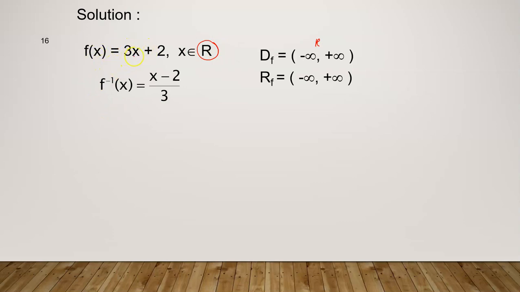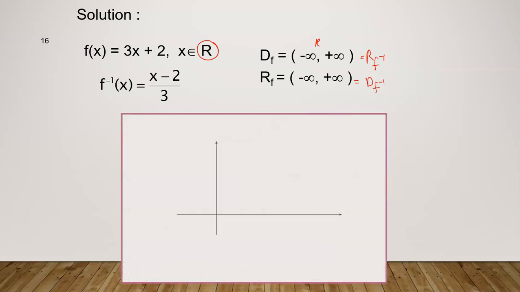If you can imagine, 3x plus 2 is a straight line, right? If your domain is the real numbers, that means your range will also be the real numbers. So that's why we can directly write here that the range will be negative infinity to positive infinity. So for the inverse, the domain of f is its range, and the range of f is its domain.